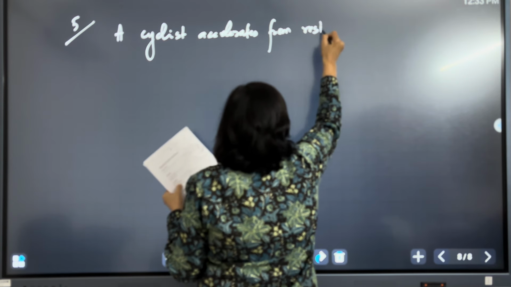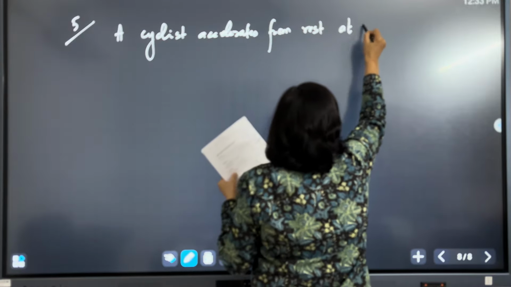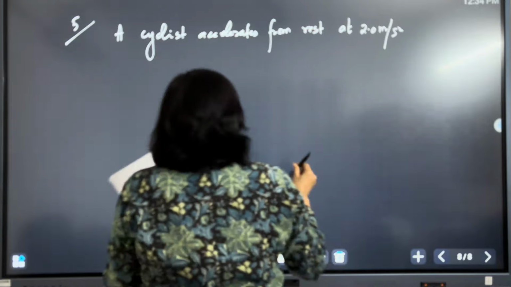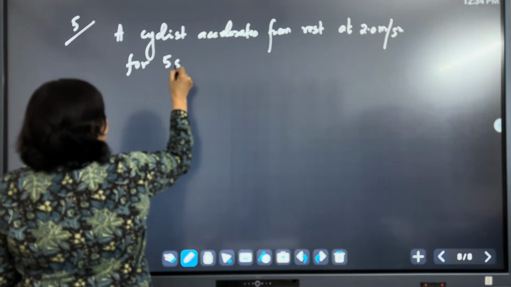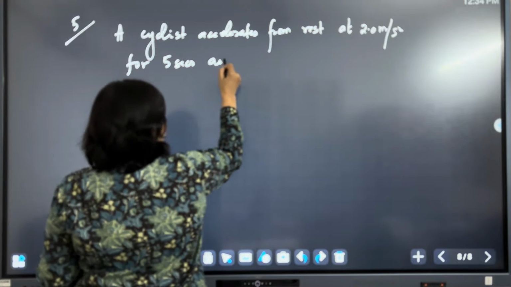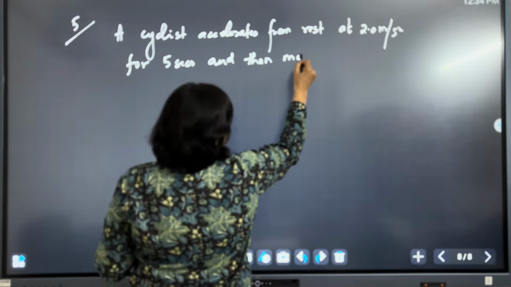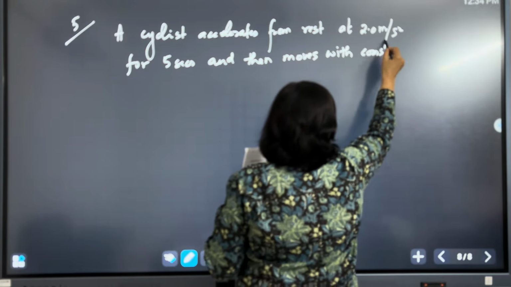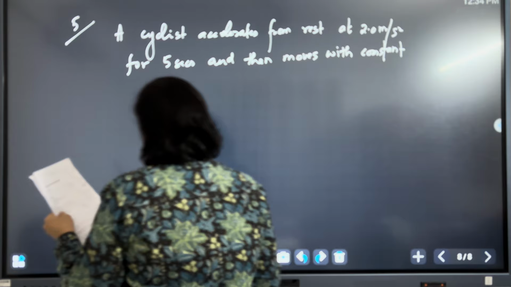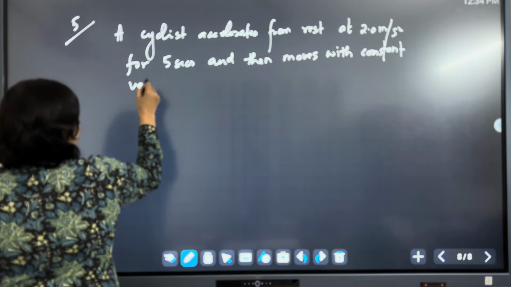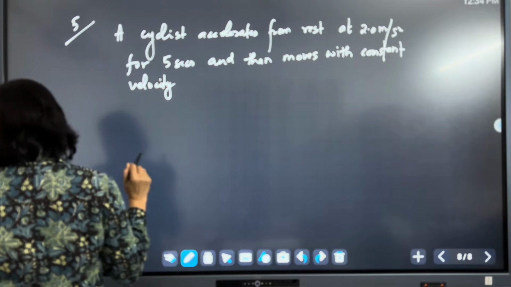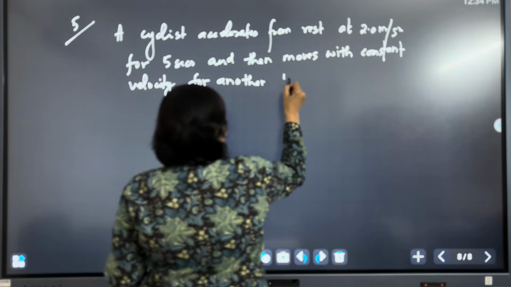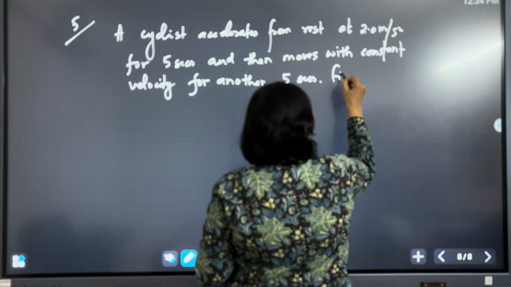From rest, it accelerates at 2 meter per second square for 5 seconds and then moves with constant velocity for another 5 seconds. Okay, find the total displacement.